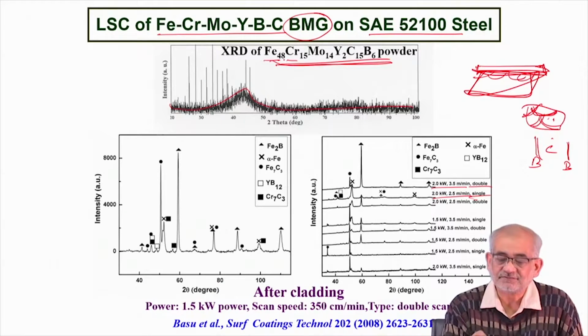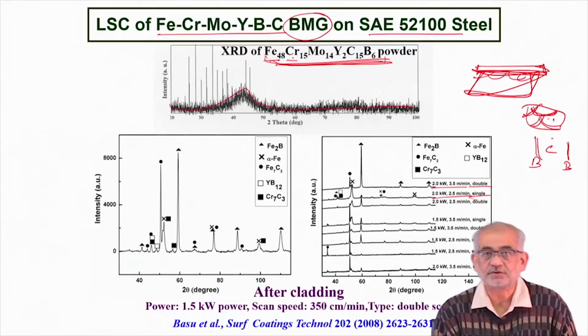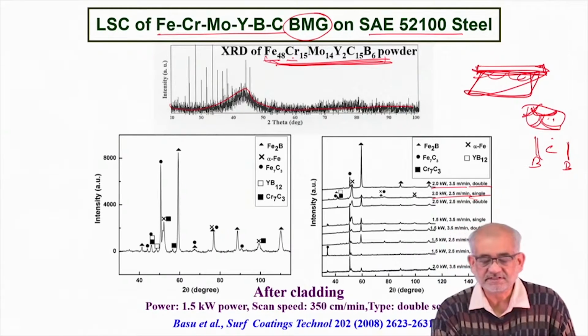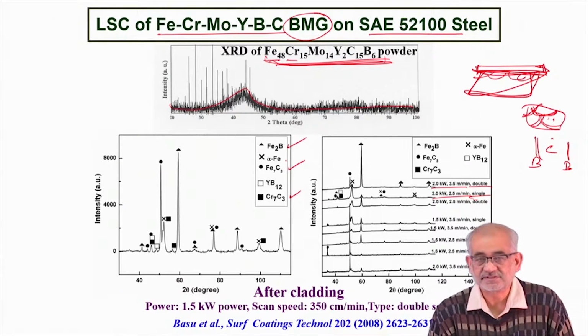So under forced cooling we were able to retain this entire composition as a single phase, but when we clad, whatever little time we allow for the melt to experience solute partitioning, within those few tens of milliseconds or microseconds, it was enough for elements like boron and carbon to segregate away from iron, chromium and so on, and in the process they could easily form borides or carbides or various forms of interstitial compounds.